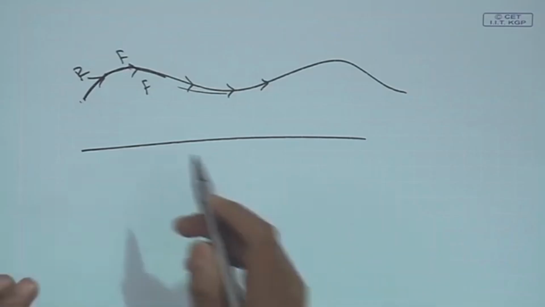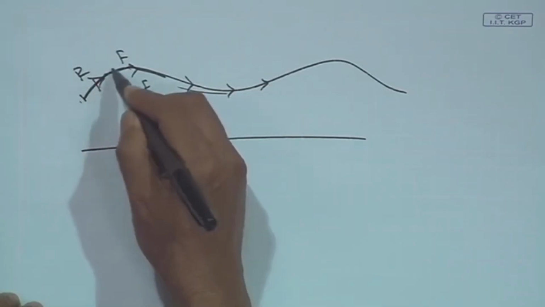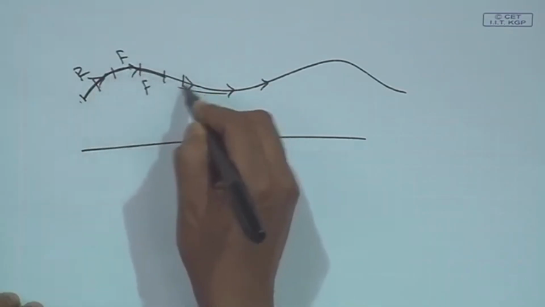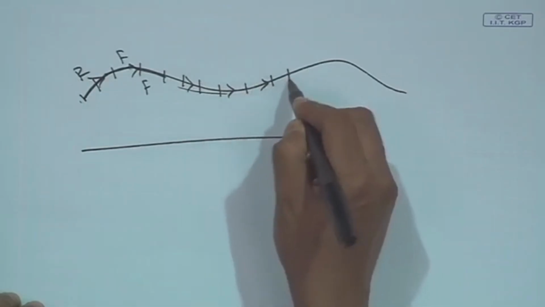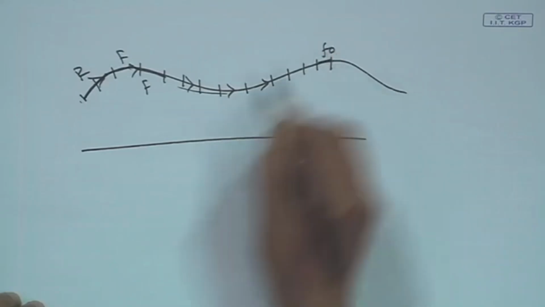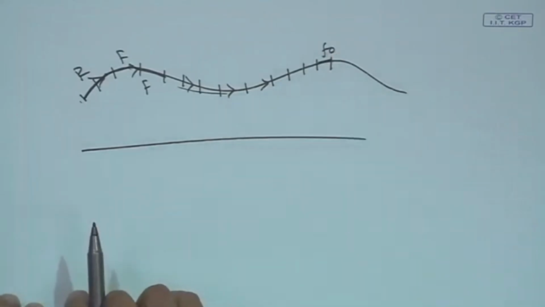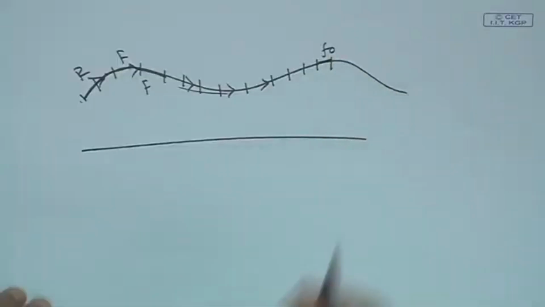Similarly, I can do some stylization, which means I can linearly approximate this F0 contour. So, I can say the whole F0 contour is nothing but a sum of some linear lines, within which F0 is fixed. This is called piecewise linear approximation.